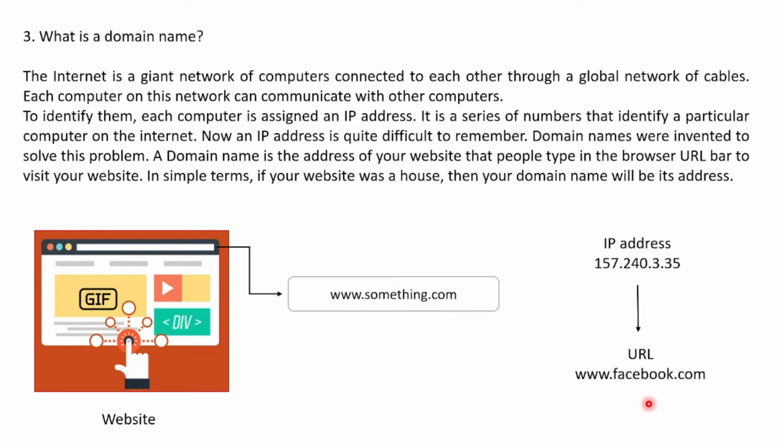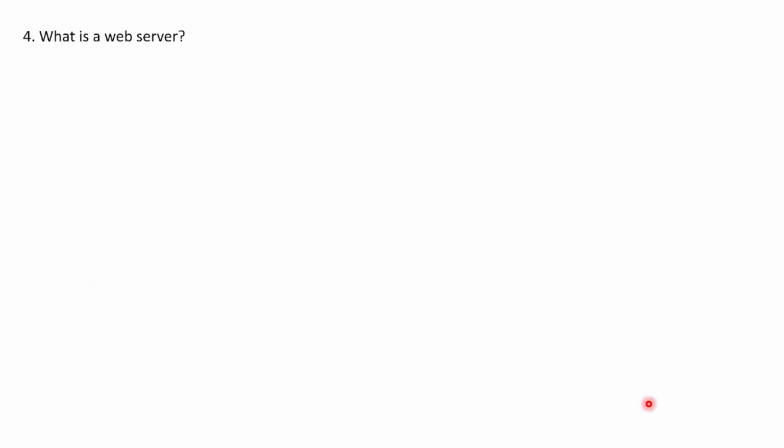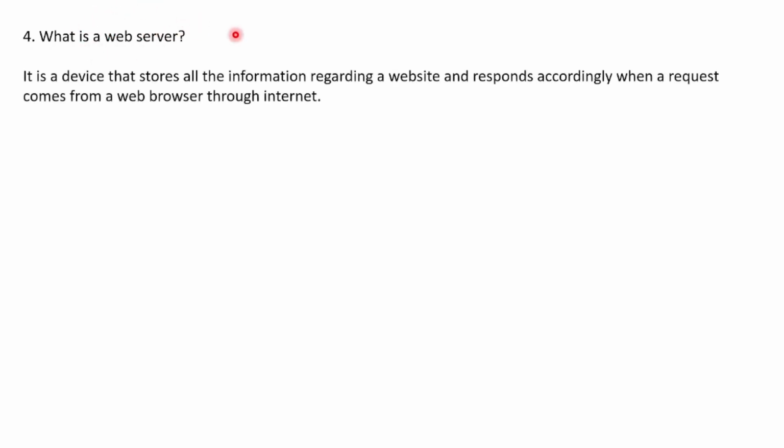Now we will come to the next thing, that is a server. As I have already told you, this will come very frequently when we study the backend. So what is a server? It is very simple. A server is nothing but a separate computer which contains all the information regarding that website.